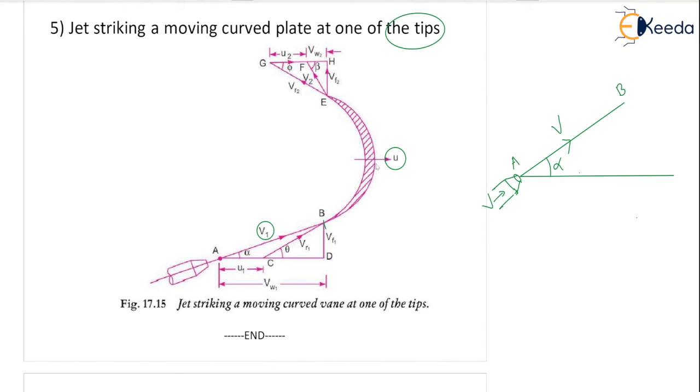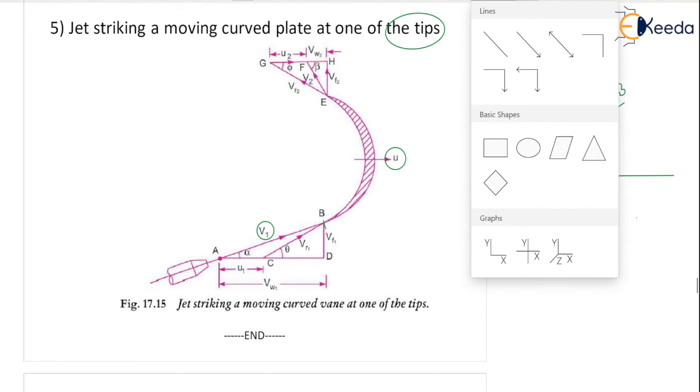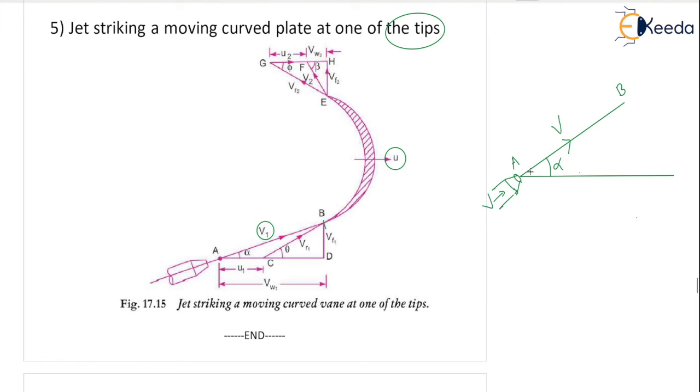Let us say I am taking a point here for the velocity with which the blade is moving. From A to C, I am naming this vector AC vector with the velocity small u. So AB vector is clear, and AC vector.